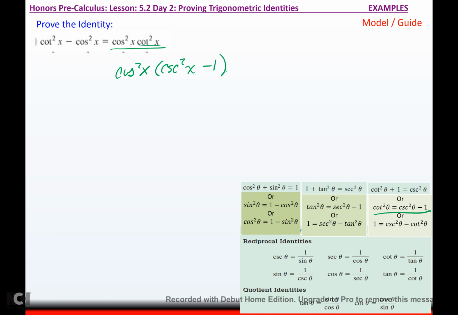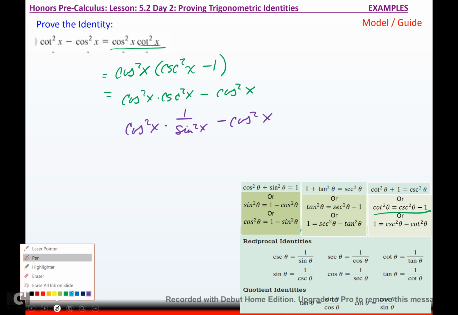Alright, so now if I distribute, I get cosine squared x times cosecant squared x minus cosine squared x. If I try and write everything in terms of sine and cosine, this would be cosine squared x times 1 over sine squared x minus cosine squared x.